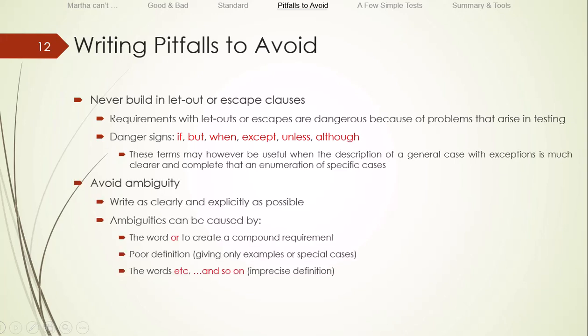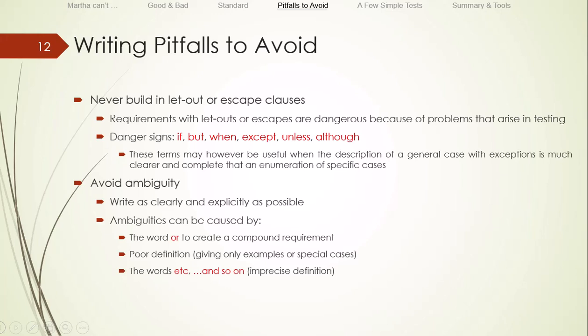Avoid ambiguity. Write as clearly and explicitly as possible. Ambiguities can be caused by the word or, which creates a compound requirement, by poor definition, and by the words etc. and so on. So don't use the word or, etc. and so on.